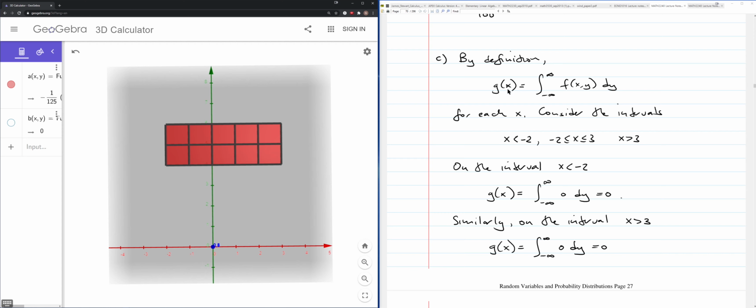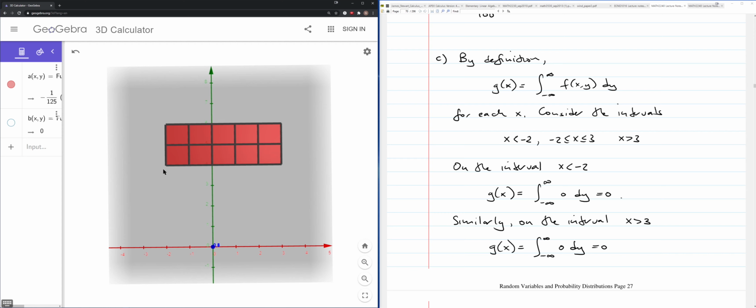At x equal to minus 3, you'd be integrating your PDF over the y values. These are the y values, what's along your y-axis here, the green y-axis. But at x equal to minus 3, this function is just 0.